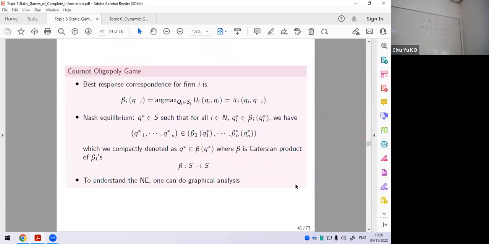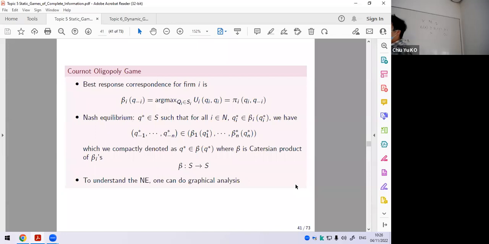Let us see how we can properly define the best response. Remember, the best response is talking about, given what you produce, how much I want to produce. So consider the case where we have two firms. This is a typical graph, and you will see it again later. Q1 is here, Q2 is here.